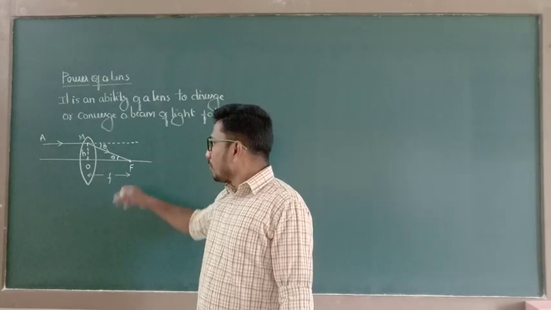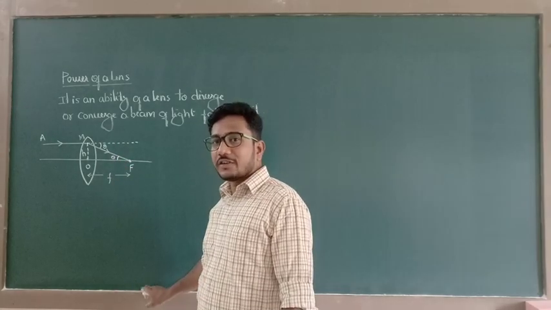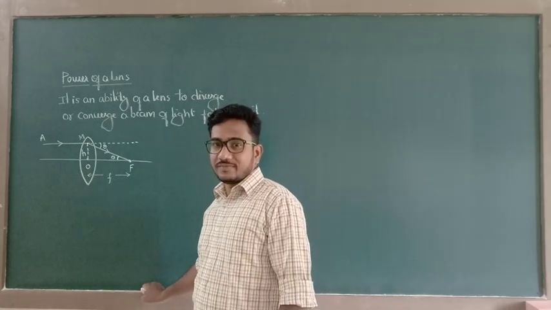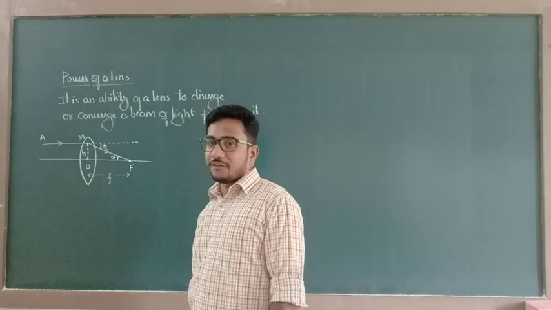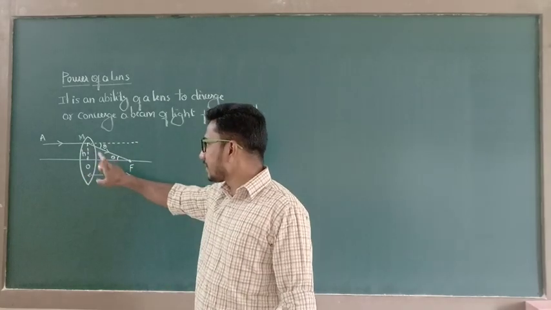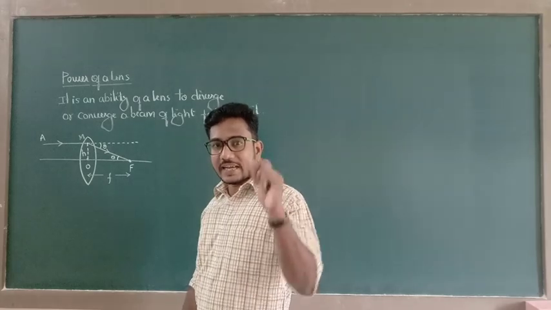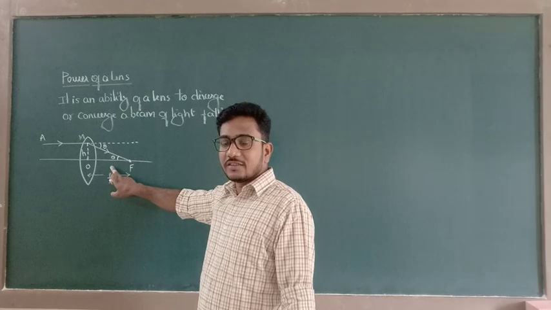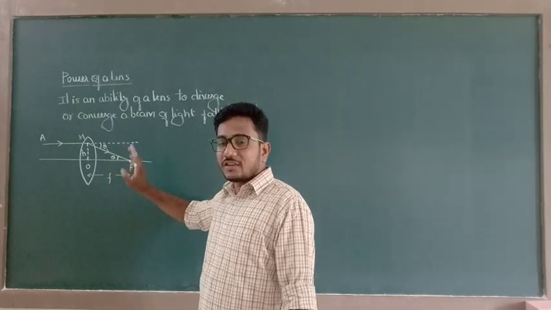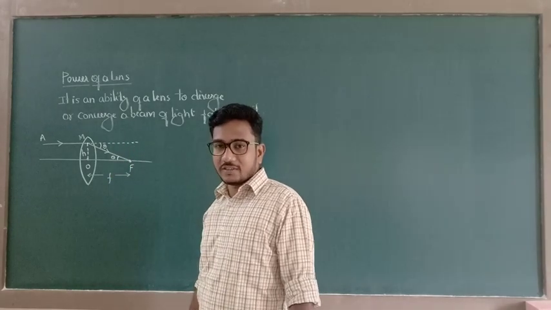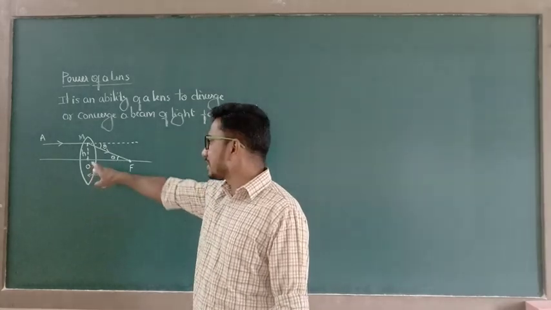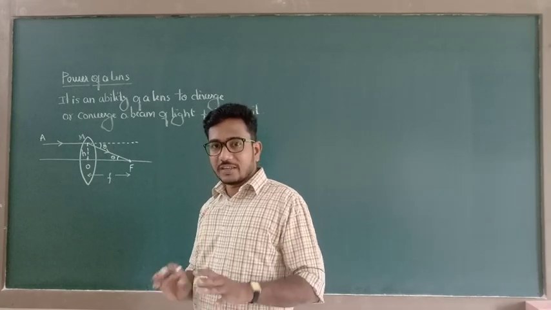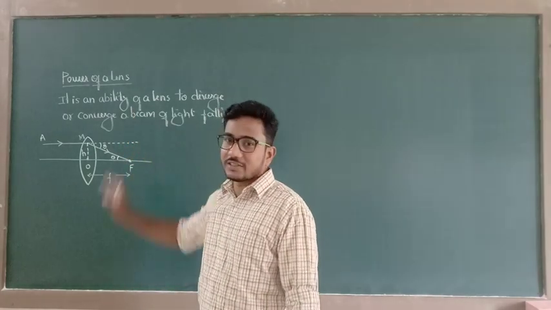So power of the lens is also defined as the tangent of the angle, because I am defining this angle theta in terms of h and f. It is the tangent of the angle at which a lens diverges or converges a beam of light falling on it at a certain distance from the optical center. This definition is also known as power of the lens.